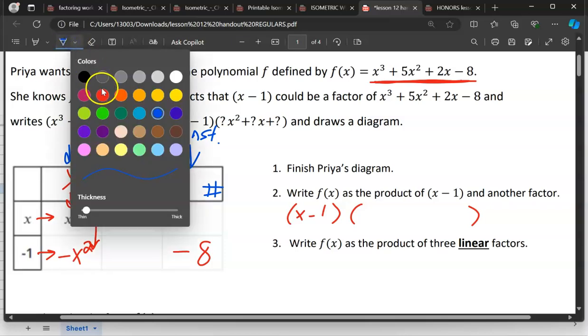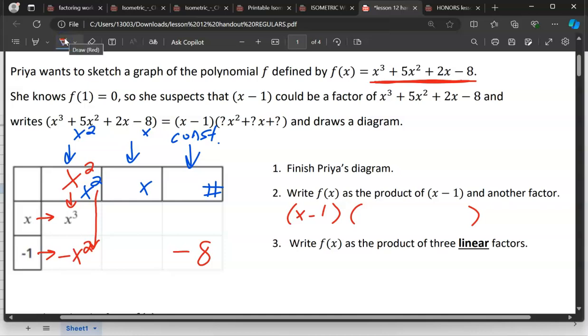So if I change that back to red, I knew that this column was set to be x squared in order to get this box to be x cubed. By knowing this is x squared, I'm going to come down here to my bottom box and say column x squared times row -1, I get negative x squared.